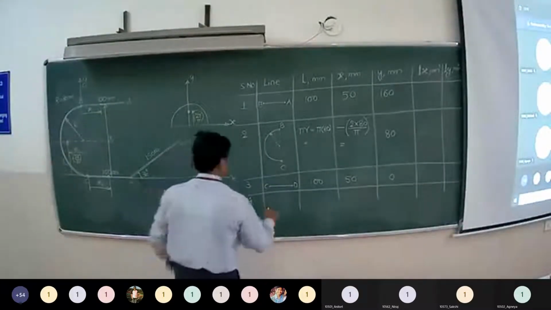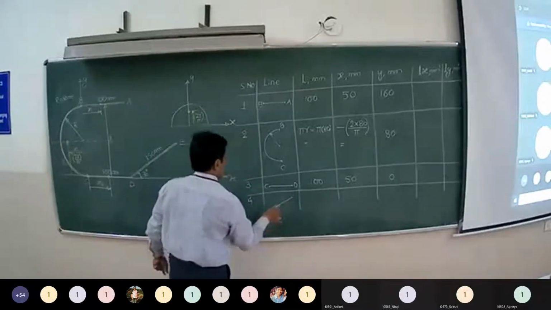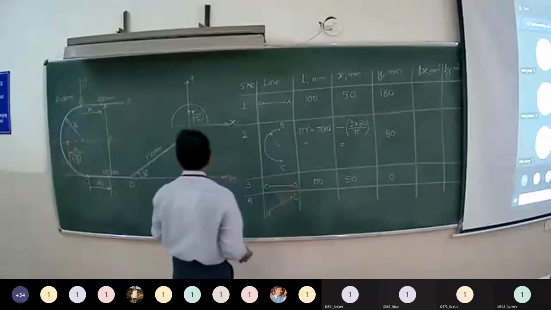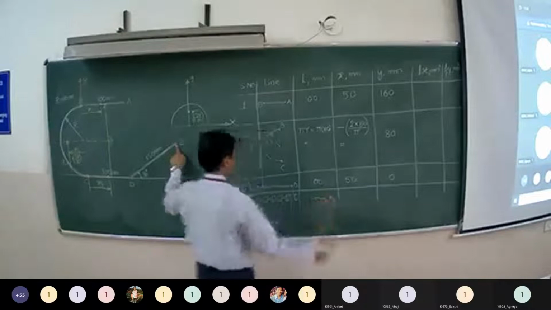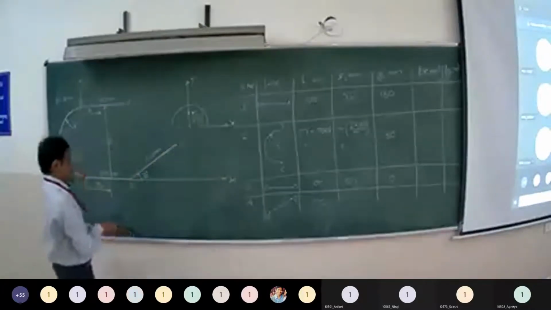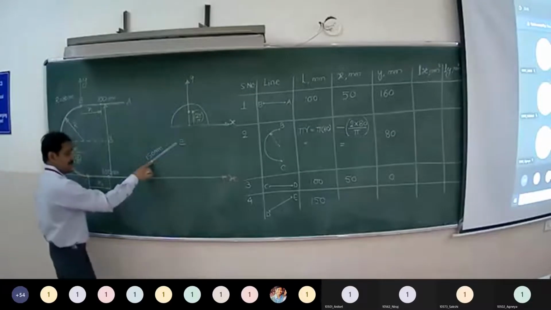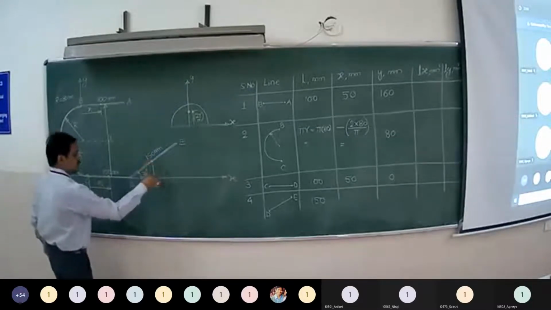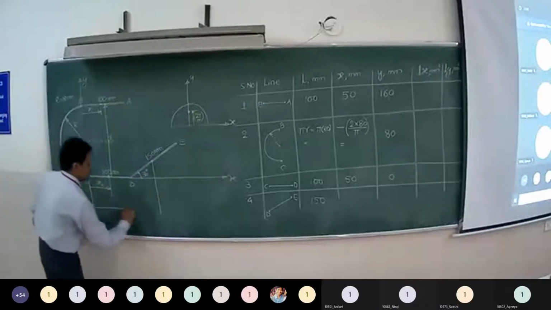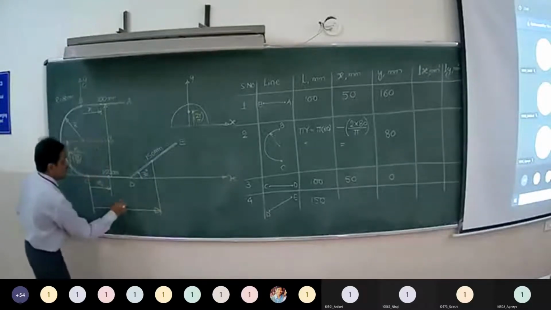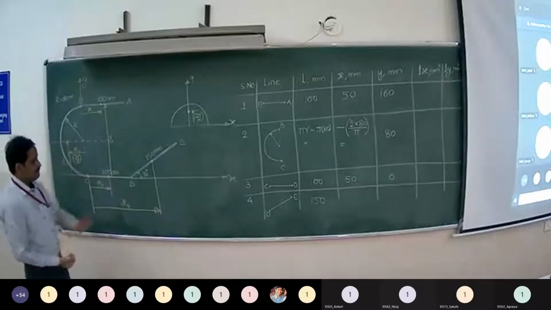Then we have line DE. Length of the line DE is 150. We know that the midpoint of line DE is its centroid. So the distance of centroid of line DE from y-axis is x4. Right?